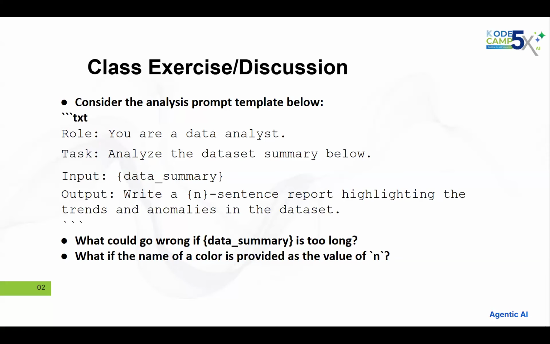The data summary that is analyzed will change depending on the particular circumstance. So you provide a placeholder for this summary. Here it's named data summary. And then output: write an N-sentence report. The N itself can change based on your use case, so you put a placeholder for it. It could be a 2-sentence, a 5-sentence, or a 20-sentence report highlighting the trends and anomalies in the data set.